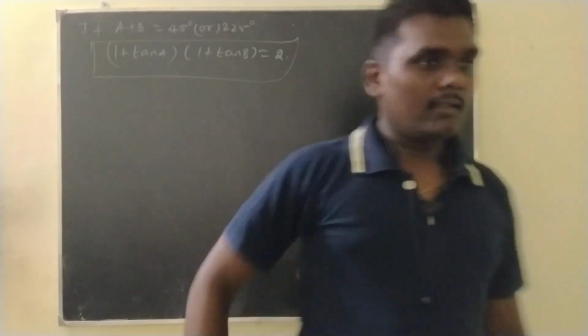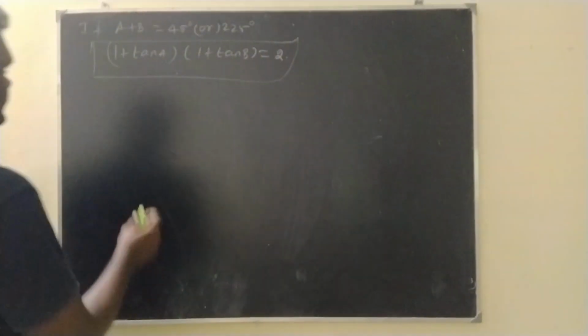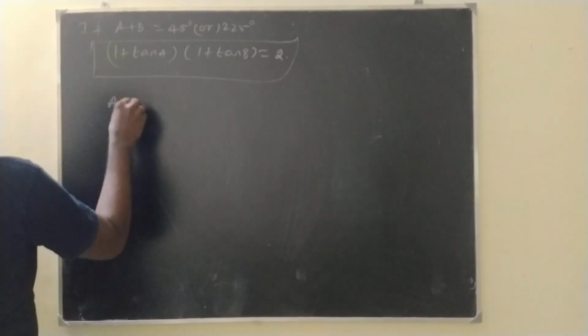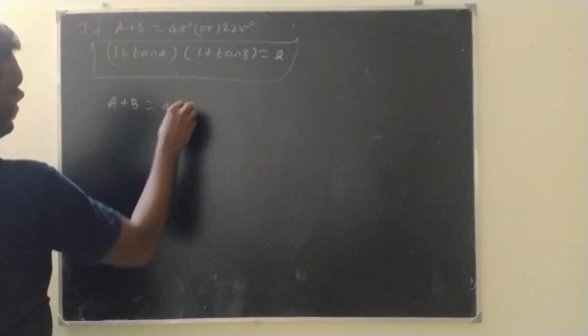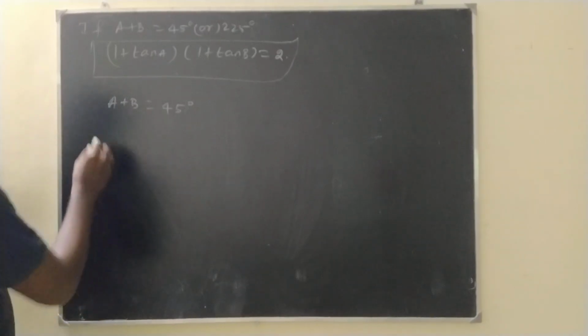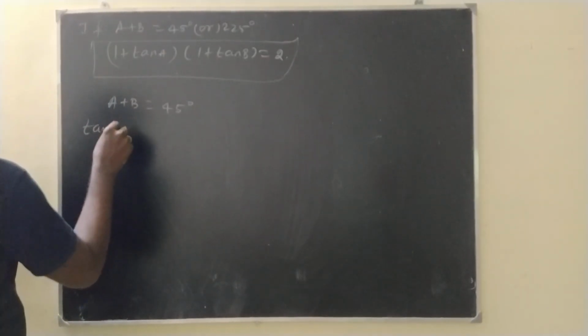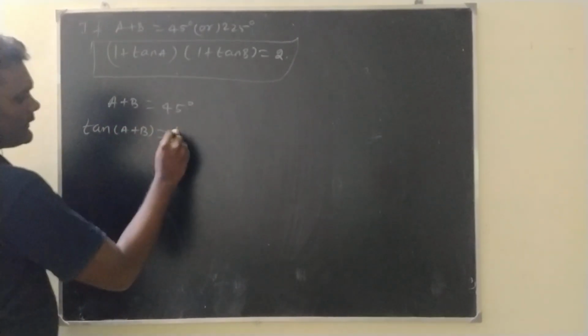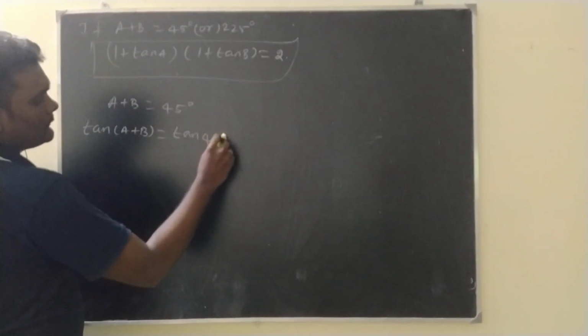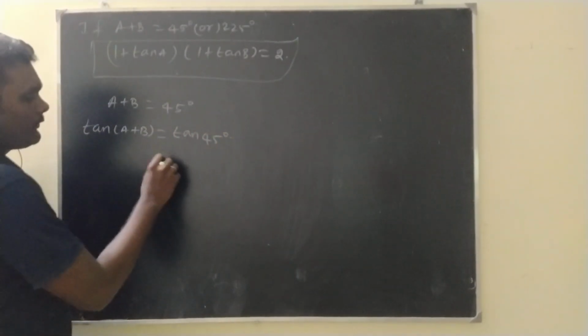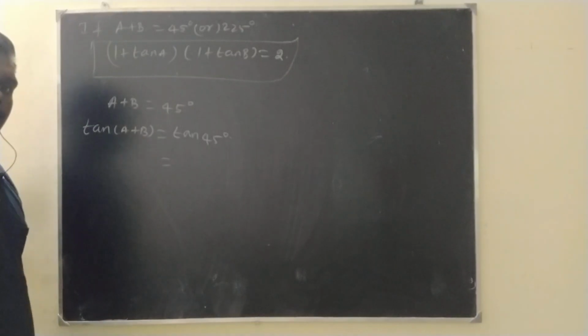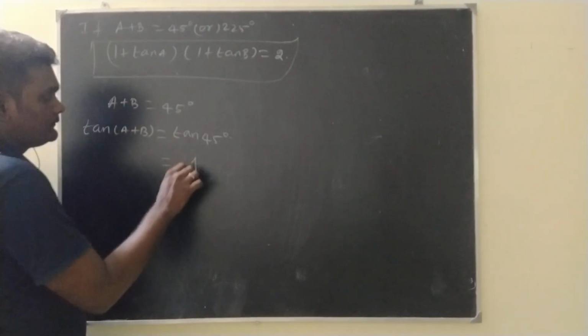Now let us take A plus B is 45. Take tan on both sides. So tan (A plus B) equals tan 45 degree. What is the value of tan 45 degree? 1.